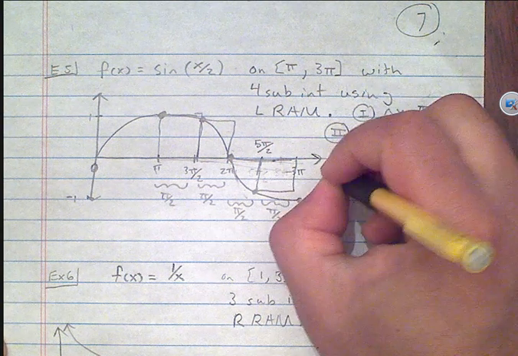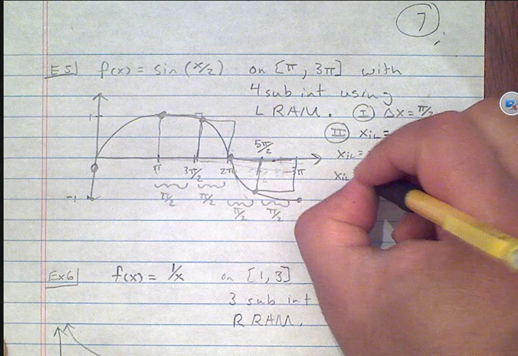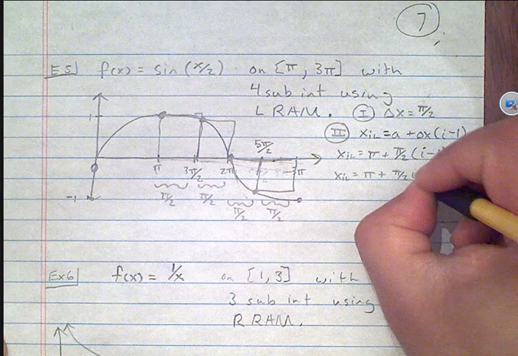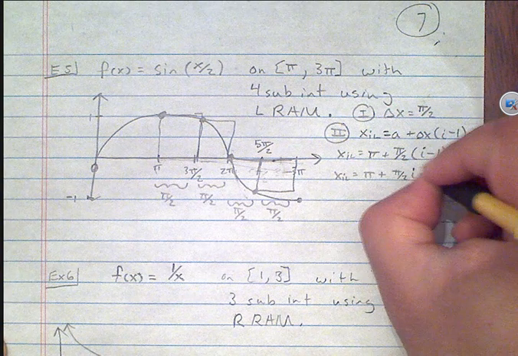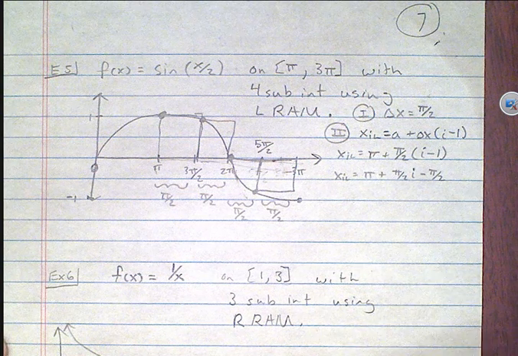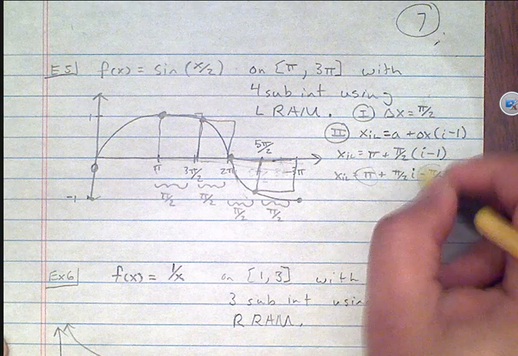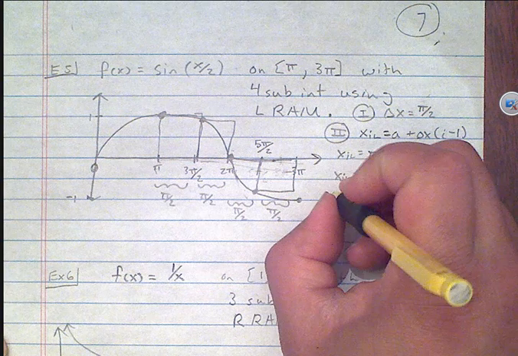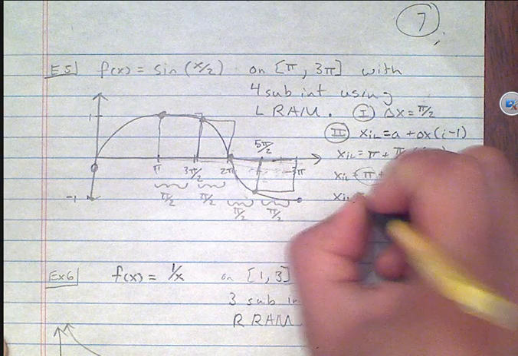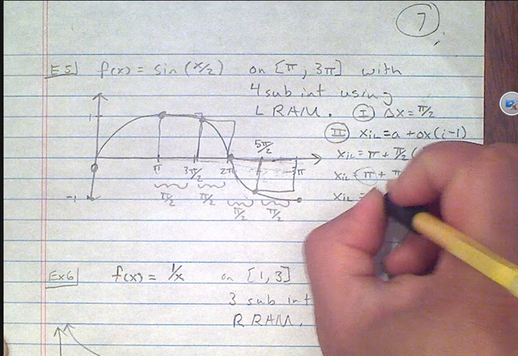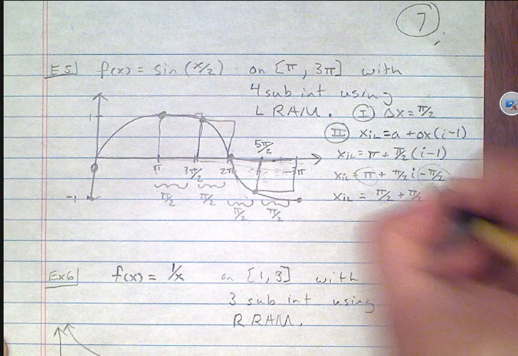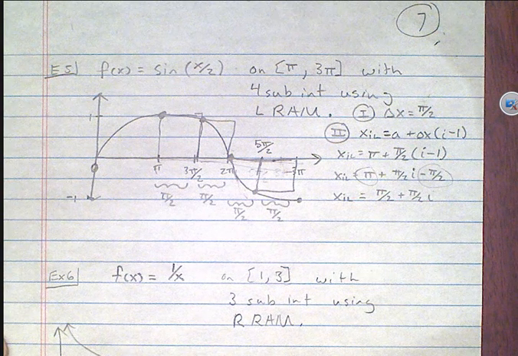So x sub i L is equal to pi plus pi over 2 i minus pi over 2. Okay, so what's pi minus pi over 2? Well, that's pi over 2. x sub i L equals pi over 2 plus pi over 2 i. Alright, that's step 2.